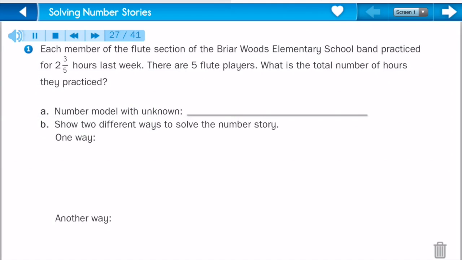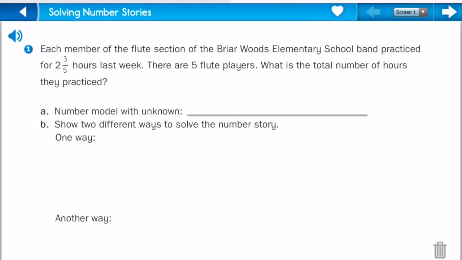One way, another way. C. Answer blank hours. D. How many minutes is that? Blank minutes. E. How many seconds? Blank seconds.